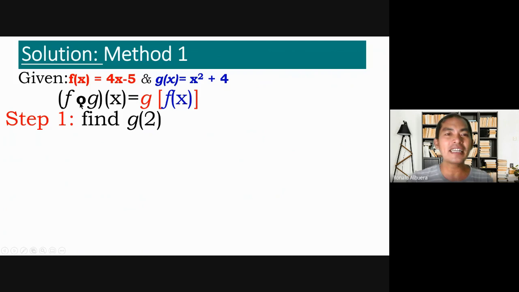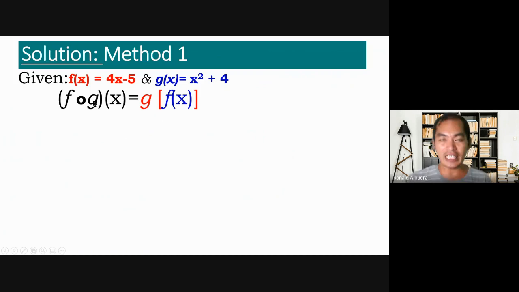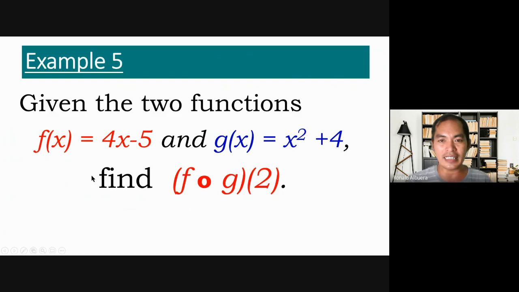Tandaan ha, f circle g, pag nagda-directly substitute tayo, f circle g when x is 2, yung 2, i-evaluate muna natin sa second function. Remember, yung second function ang sinosubstitute sa first function. So therefore, sa given natin, f circle g of 2, itong 2, i-evaluate muna natin sa g.